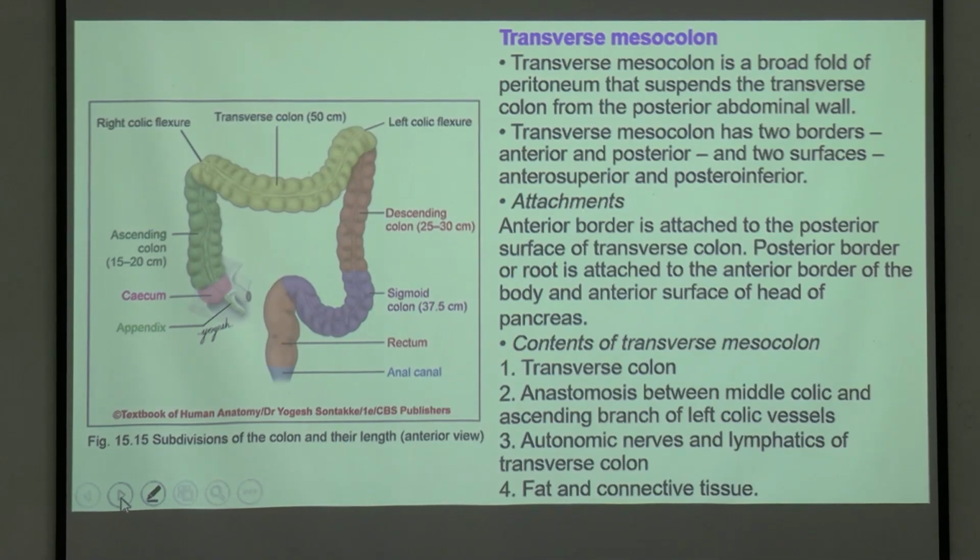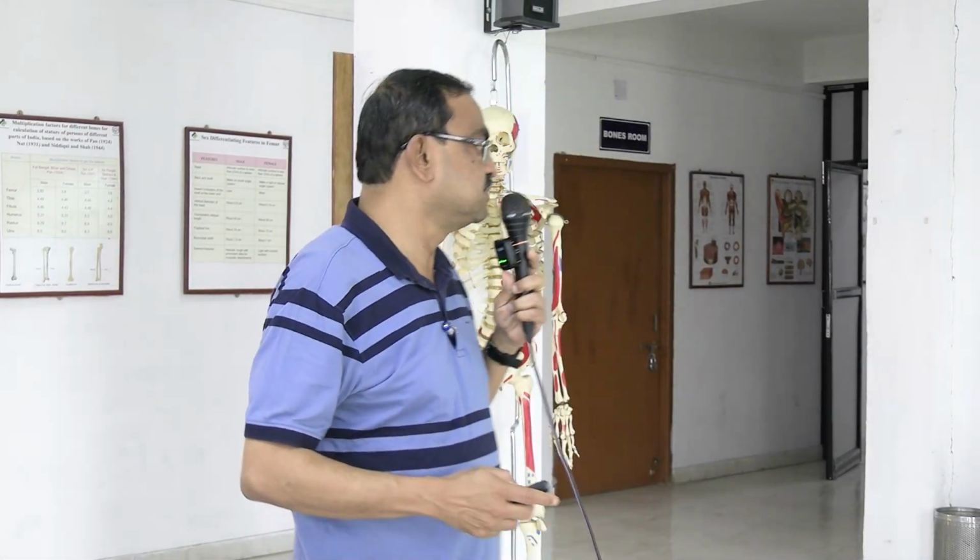So, transverse colon and transverse mesocolon. What is transverse mesocolon? Mesocolon means peritoneal fold. When it is hanging with the help of the peritoneal fold from the posterior abdominal wall, that peritoneal fold is called mesocolon, and within the mesocolon we can get several arteries, fats and lymphatics.